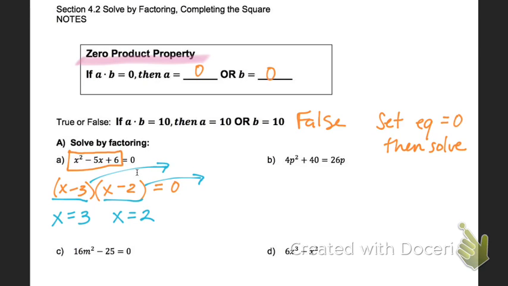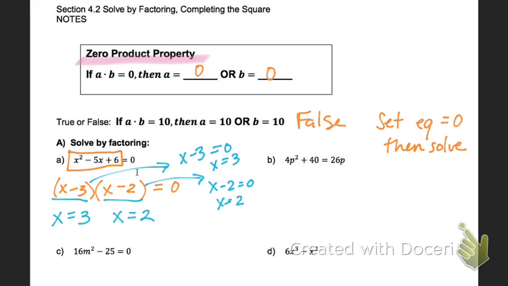The long way is you're saying x minus 3 equals 0, and x minus 2 equals 0, x equals 2. I'm just going to look at it and identify that it is 3 and 2. If it was x plus 2 and x plus 3, it would be negative 3 and negative 2. Will there always be 2 answers? When you're solving by factoring, yes.